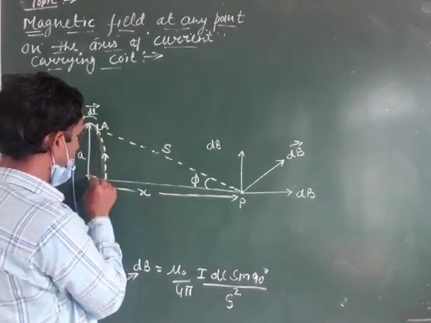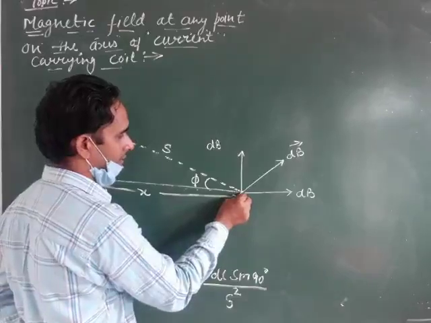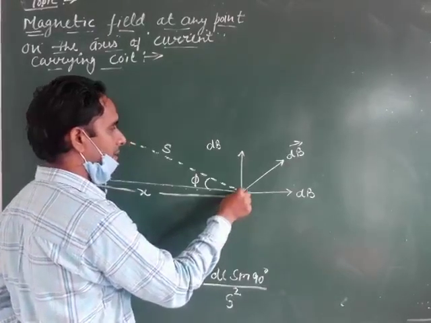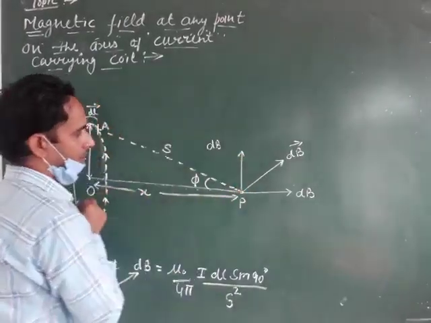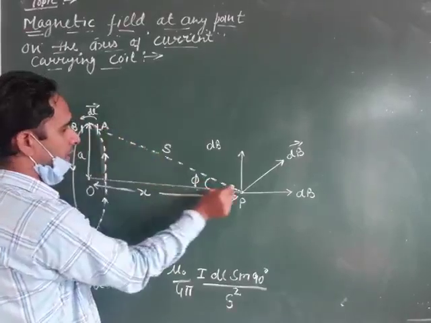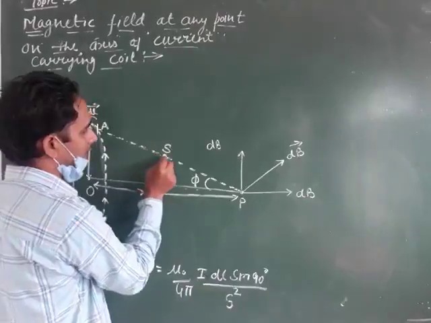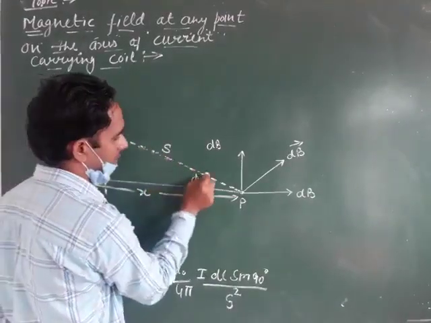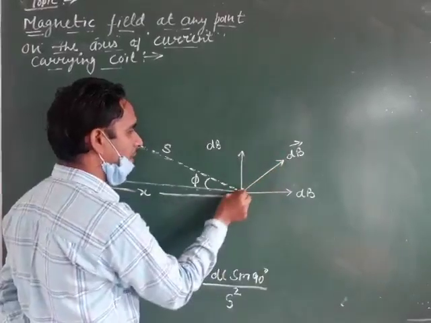See here, this axis line makes an angle with this. The magnetic field is at 90 degrees to the displacement vector, the distance of point P from the current element line. Then this dB is also perpendicular.